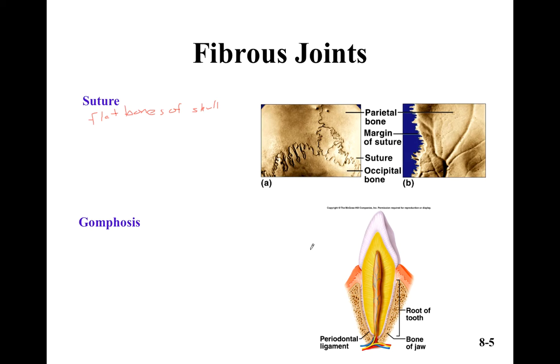Gomphosis is also a synarthrotic joint. And this joint is the one that holds the tooth into your mandible or maxilla. So it's kind of this cone-shaped socket in here.